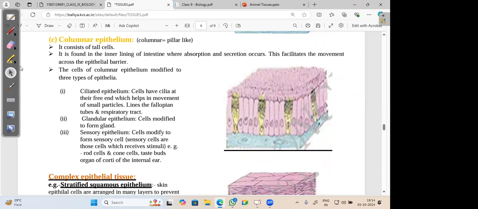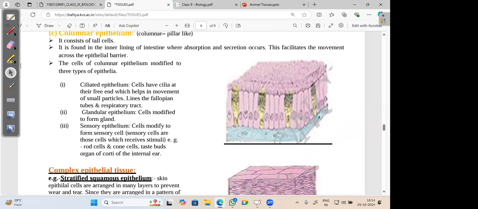So these are the three functions of columnar epithelium: absorption, secretion, or sensing. Okay. So ciliated epithelium here, what are their functions?